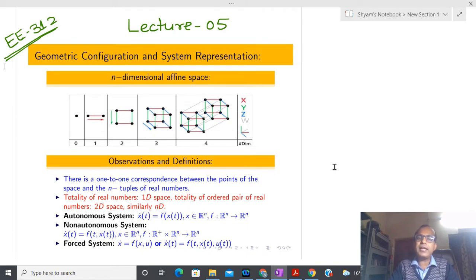If I am able to develop theory for just two classes of system, it is possible to show that a large part of the physical systems is covered by that representation. So there is no need to worry about each and every system, you just have to worry about that particular abstract representation. That is the theme.